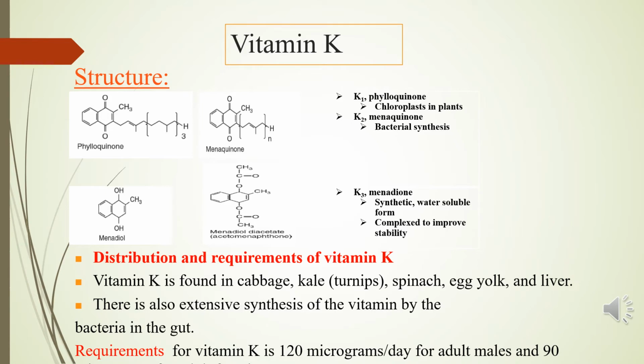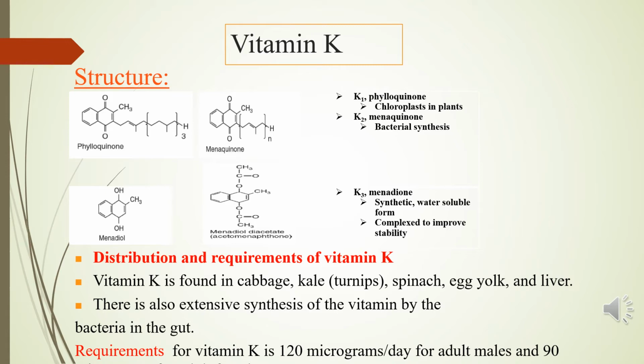The vitamin K sources are many. So vitamin K is found in cabbage, turnips, spinach, egg yolk, and liver, and also in broccoli. Also, there is the bacterial source from the gut.